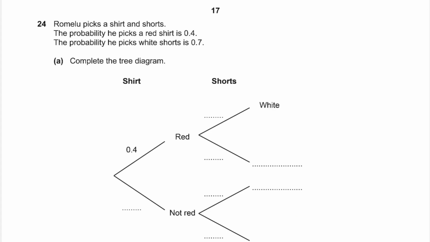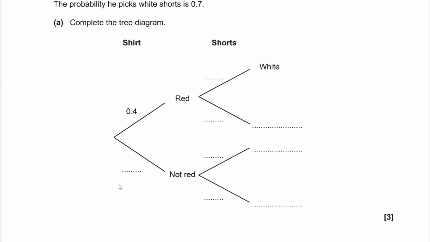Question number 24. Romelu picks a shirt and shorts. The probability he picks a red shirt is 0.4. The probability he picks white shorts is 0.7. We have to complete the tree diagram. So the probability of red is 0.4. The probability of not red then will be 0.6. The probability that he picks white shorts is 0.7.